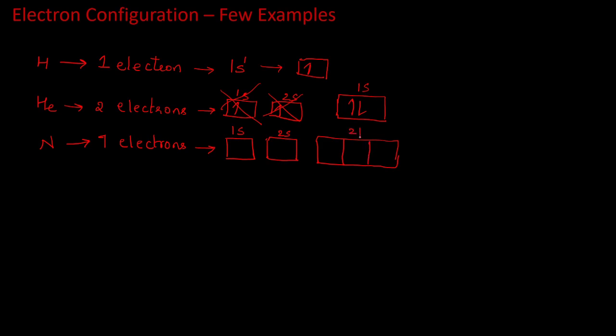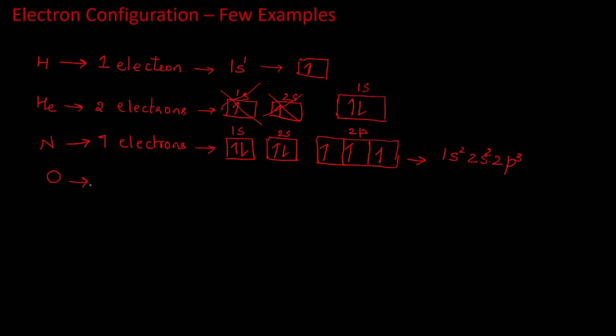So this would be 2p, 7 electrons. 1s gets filled with 2 electrons initially. 2s also gets filled with 2 electrons, and let us fill the 2p orbitals. In the 2p orbitals, 1 electron gets filled in each of 2px, 2py and 2pz. Please note that 2 electrons will not fill 2px first, based on Hund's rule that we just discussed. So this electronic configuration would be 1s2, 2s2 and 2p3.